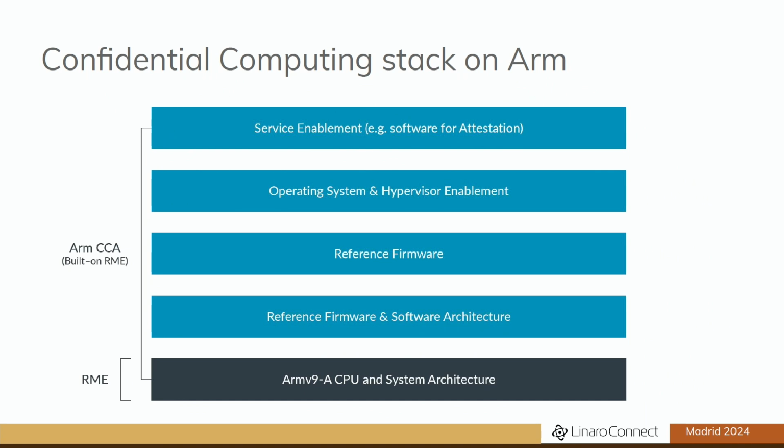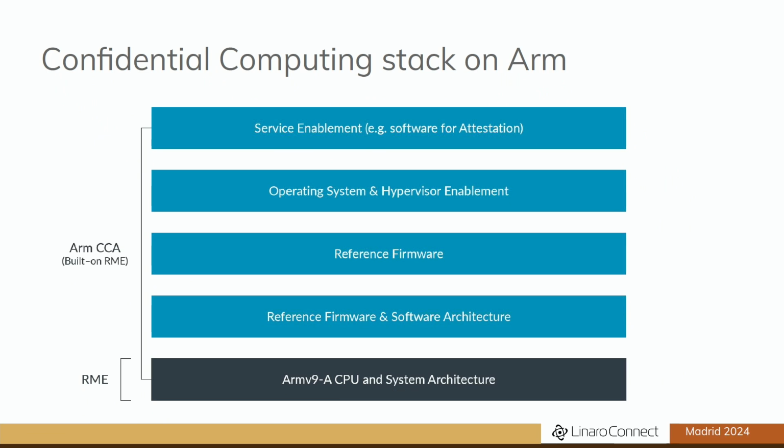The interesting thing about CCA is that it's not just a hardware specification. The hardware specification is the RME, the Realm Management Extension. Realm is the name that ARM gave to the trusted execution environment in this implementation. But CCA is really about the whole software stack, not only the hardware implementation.